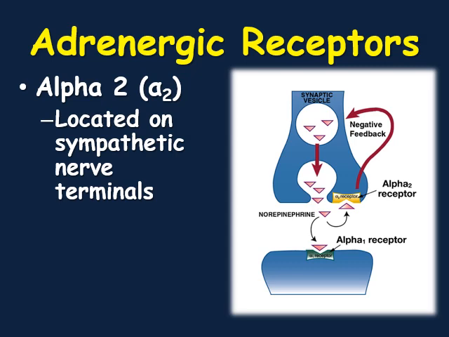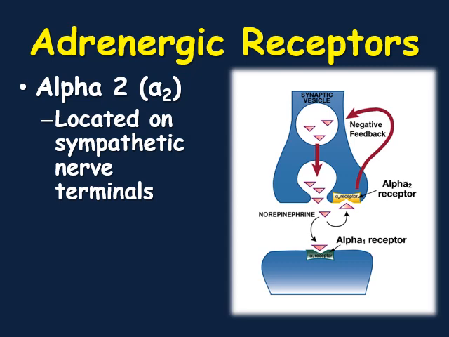Basically, as a neuron is releasing norepinephrine to an alpha-1 receptor, at the end of that neuron you have these alpha-2 receptors. As the synaptic terminals release norepinephrine, which binds to the alpha-1 receptor, some is going to bind to alpha-2 receptors.